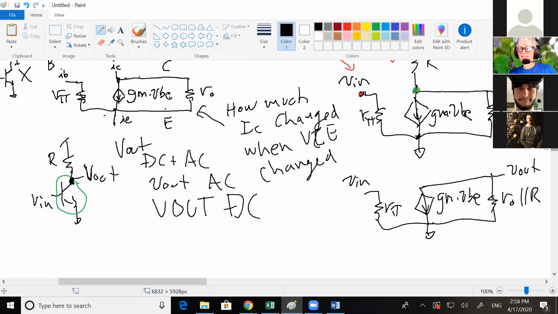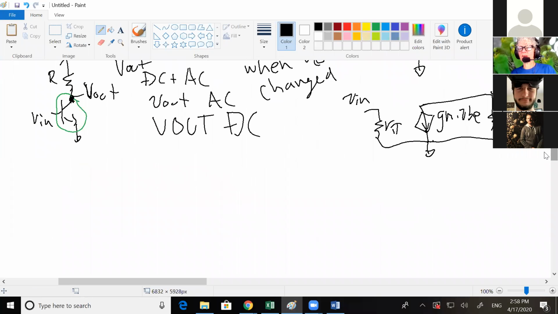Okay, so this is our final version right here. And what we're trying to find is the definition of gain, which equals the change in V out over the change in V in. So that's the definition of gain.